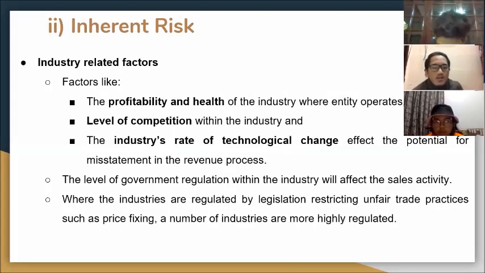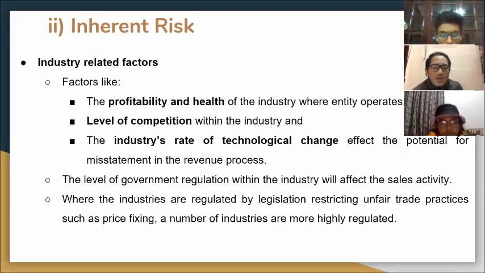Next, industry-related factors. Factors like the profitability and health of the industry where the entity operates, the level of competition within the industry, and the industry's rate of technological change affect the potential for misstatement in the revenue process.